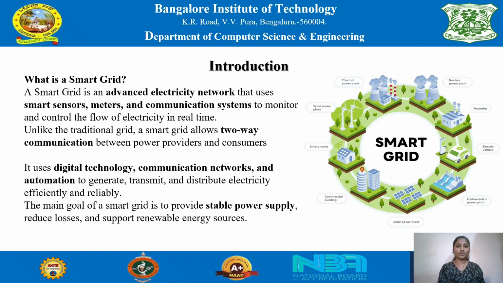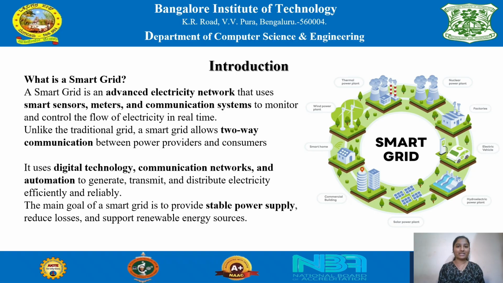Next, introduction to smart grid. A smart grid is an advanced electricity network that uses smart meters, sensors and communication systems to monitor and control electricity flow in real time. Unlike traditional power grids, smart grids support two-way communication between electricity providers and consumers.